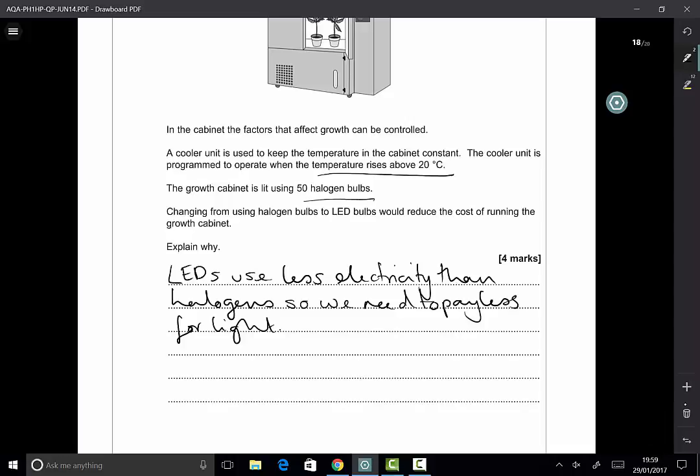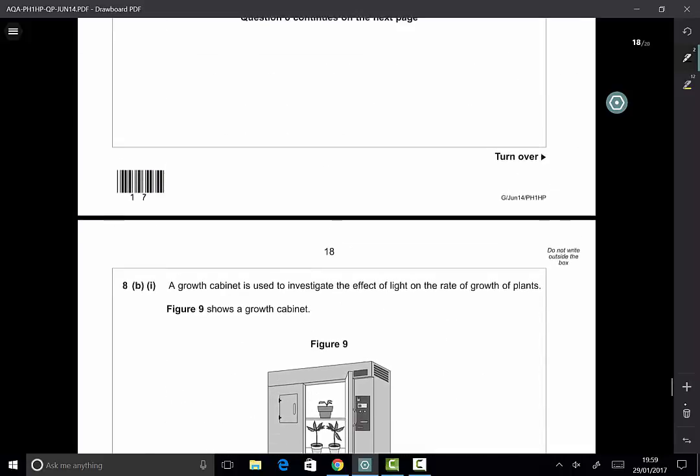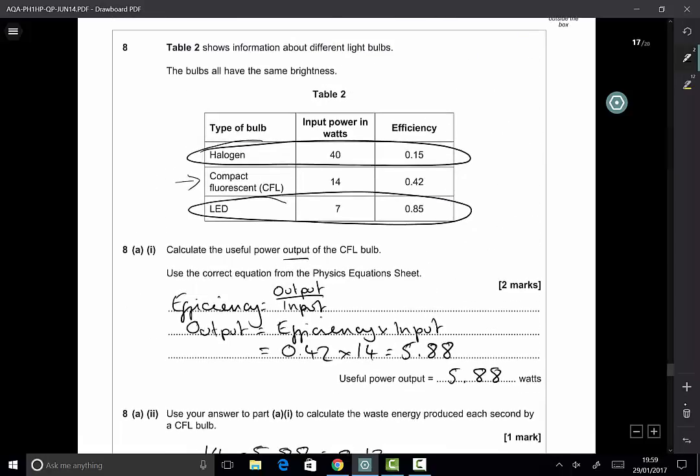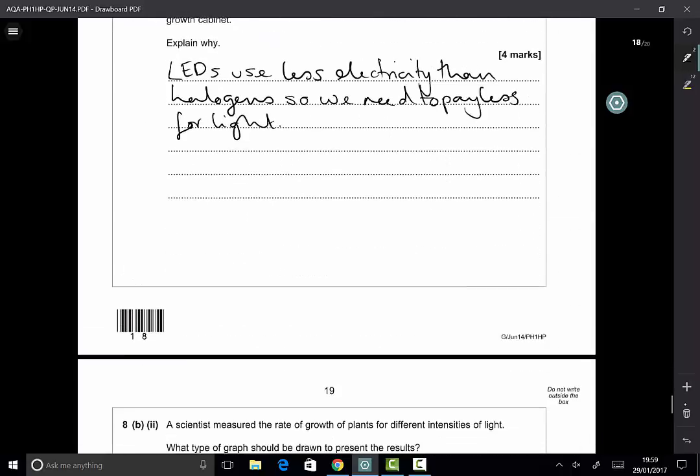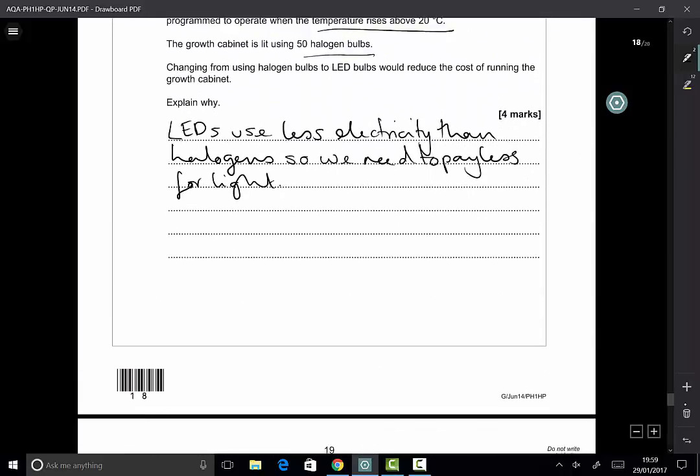Well, we've got to use our science brains here. If we go back to this information, the efficiency of a halogen is only 0.15%, whereas an LED is 0.85%, which tells us that the halogen is going to be giving off a lot more heat than the LED is. So, halogens waste more energy as heat.